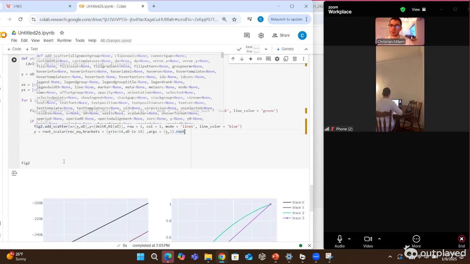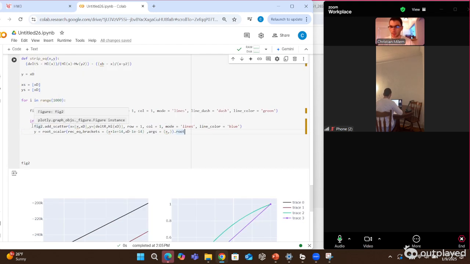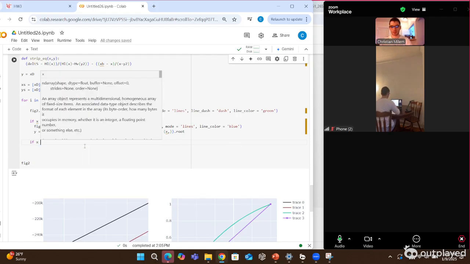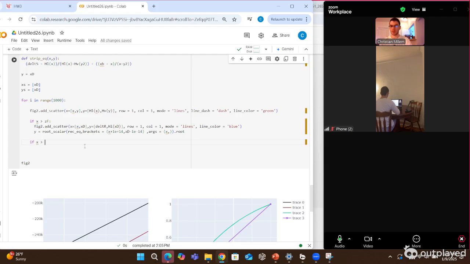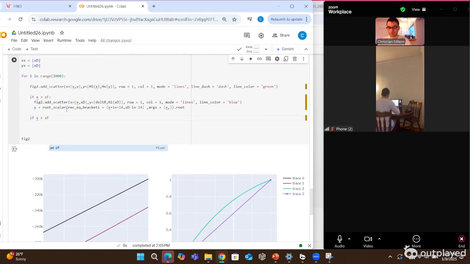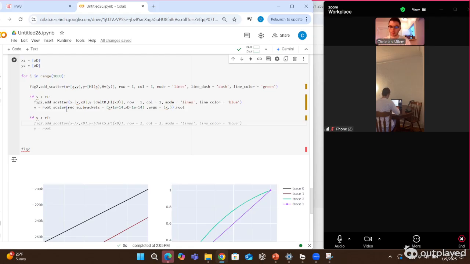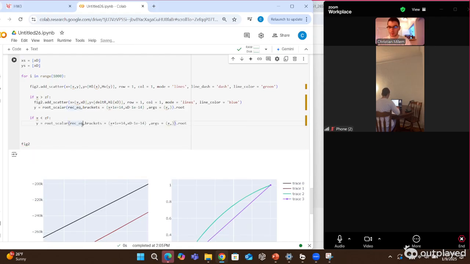All right. So then we're going to have the same thing for our stripping stage. So if x is less than zf, although it's going to be our stripping equation.